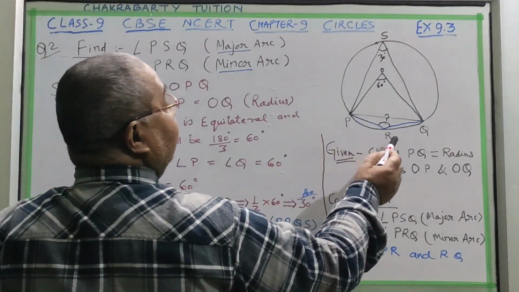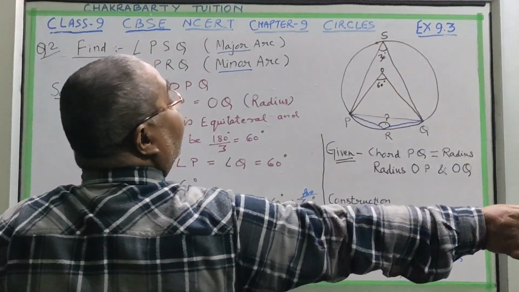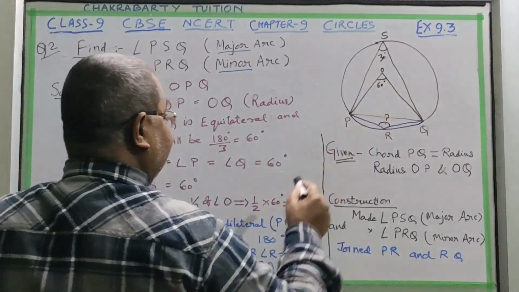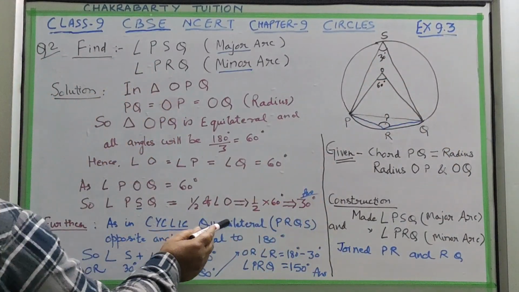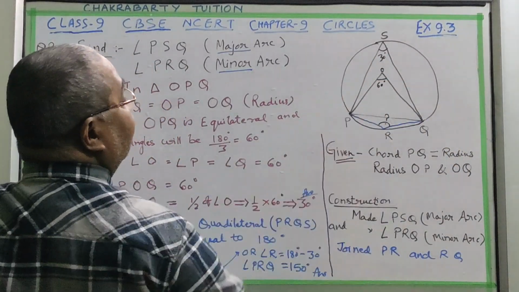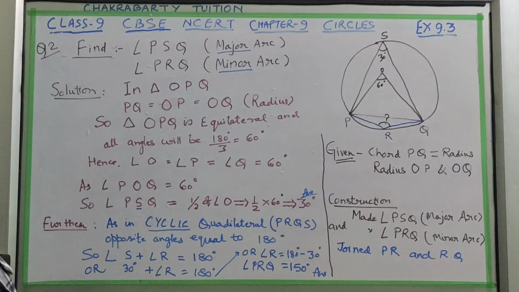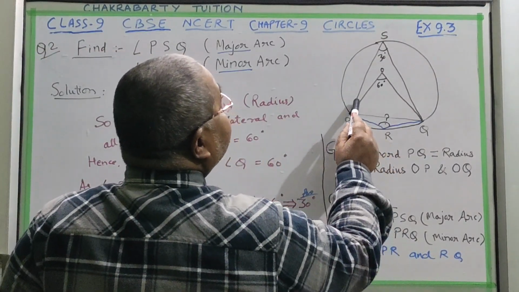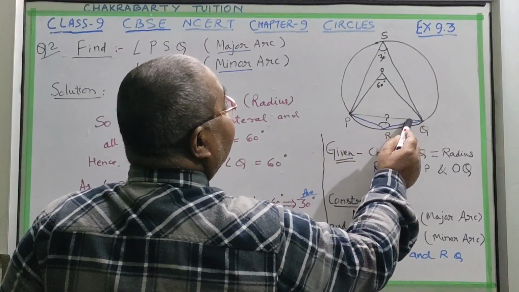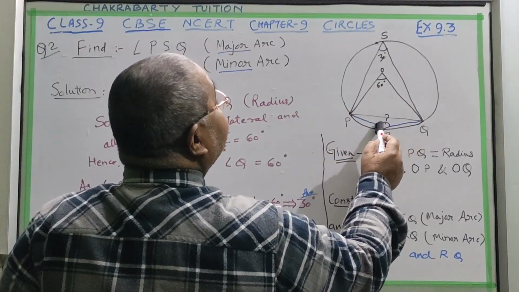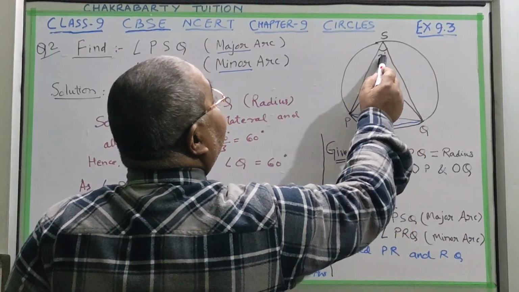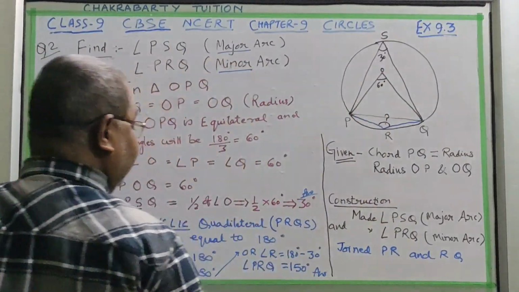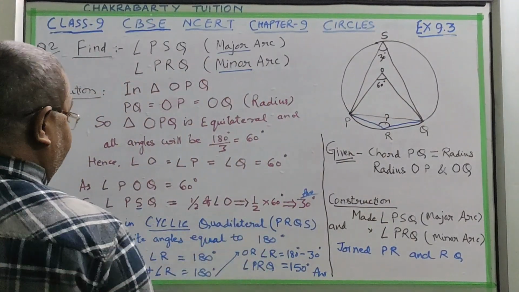So here all four points P, R, Q and S are touching the circle, so it is a cyclic quadrilateral. And in a cyclic quadrilateral, one property is that the opposite angles add up to 180 degrees. Here this angle and this angle, and here and here, will be equal to 180 degrees.